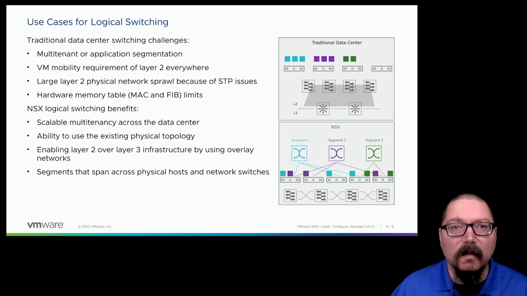With this overlay networking, we can span existing physical layer 2 boundaries. So I can create these logical layer 2 domains and allow virtual machine mobility into far, far more places throughout the data center and even across data centers. So logical switching is actually a really, really valuable tool in our toolbox.